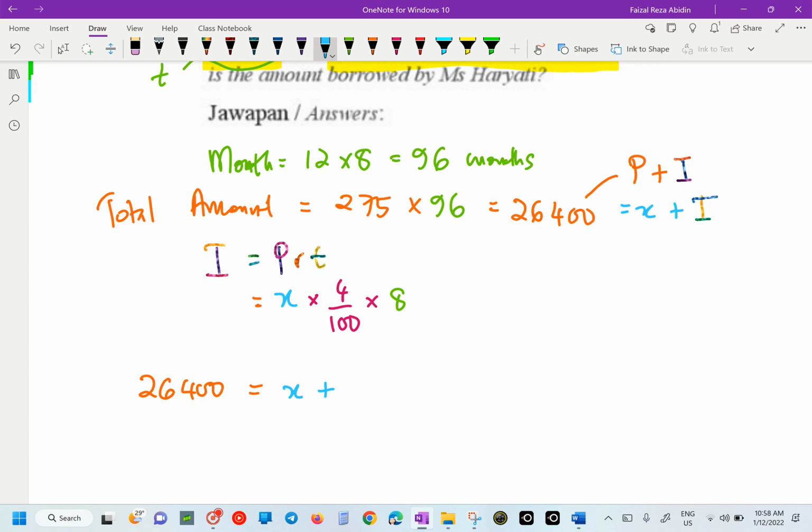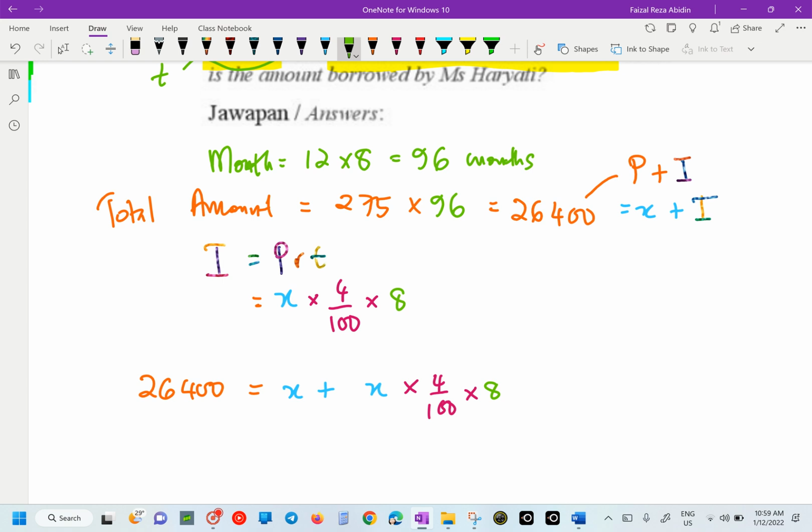Can you understand? So I just substitute everything here in our interest. Again X times 4 over 100 times 8. Can you understand?